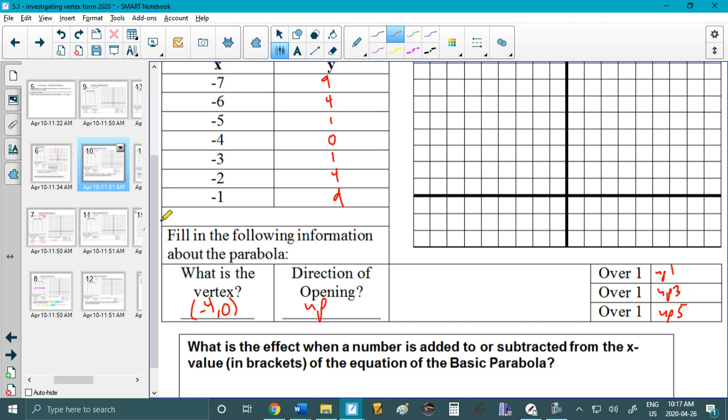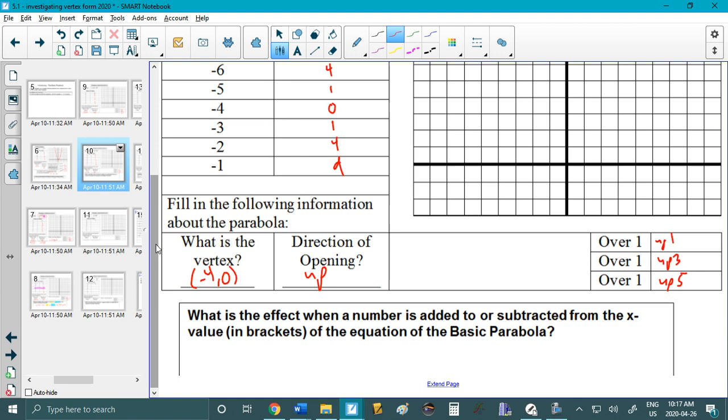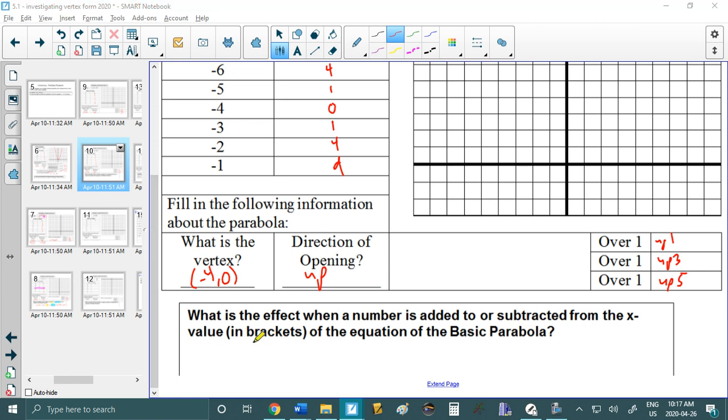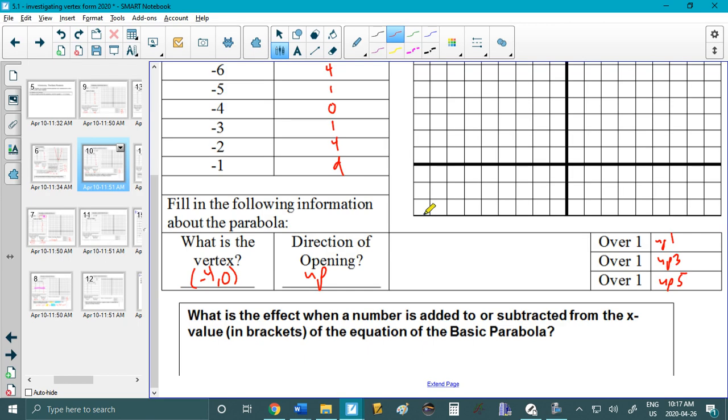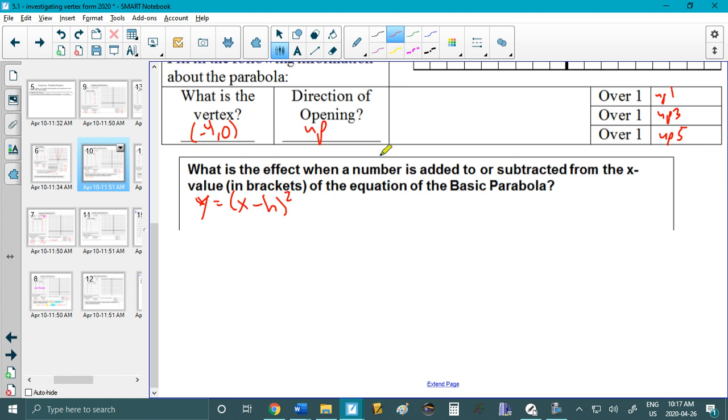And now we have to answer this big question here. What's the effect when a number is added to or subtracted from the x value in brackets? So when we have +4, it moves to the left. And when we had -3, it moved to the right. But remember, this is in the form y equals x minus h squared. This is the most important part of the lesson right here.